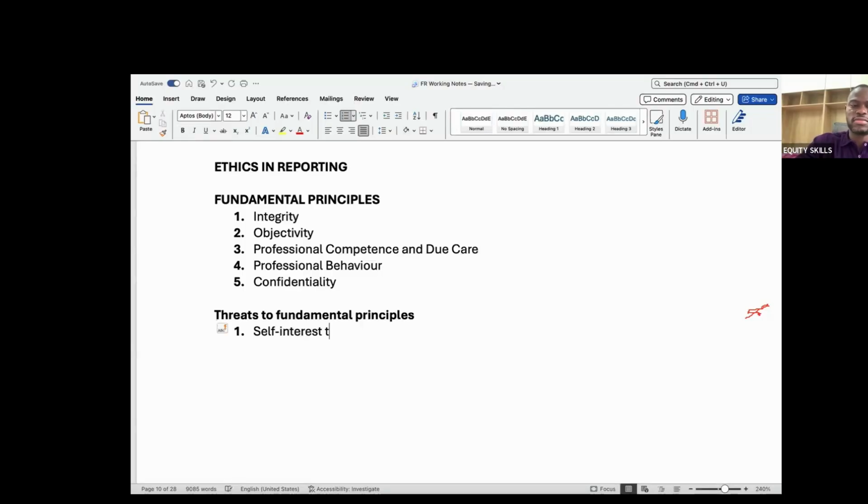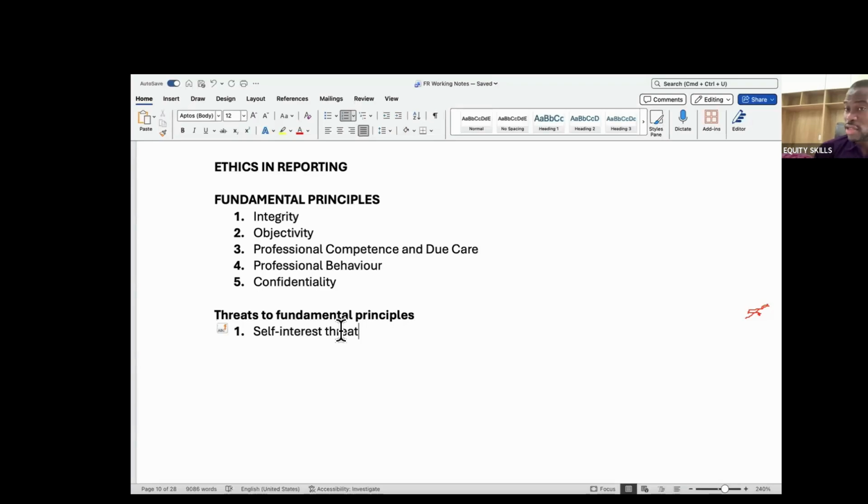self-interest threats. This relates to where you have financial interests, where your financial interest might be affected as a result of doing the right thing.